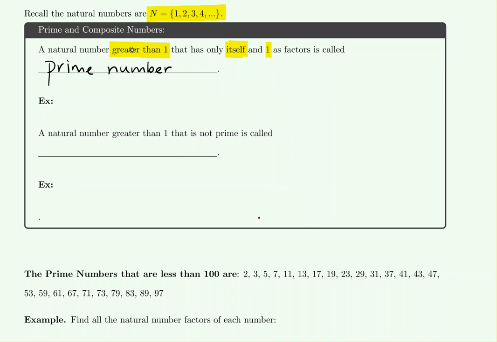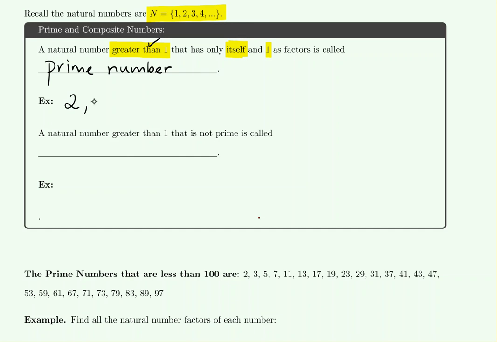So to be a prime number, you first have to be greater than 1, and then the only factors that exist for that number are itself and 1. For instance, the smallest prime number is 2, because 2 is definitely greater than 1, and the only natural number factors of 2 are the number 2 itself and 1, because 2 times 1 is 2.